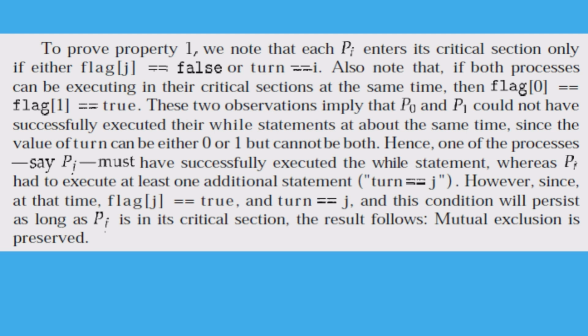Hence, one of the processes, say Pj, must have successfully executed the while statement, whereas Pi had to execute at least one additional statement, turn equals j. However, at that time flag[j] equals true and turn equals j, and this condition will persist as long as Pj is in its critical section. As a result, mutual exclusion is preserved.